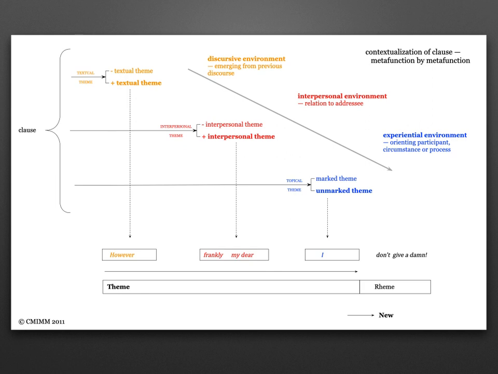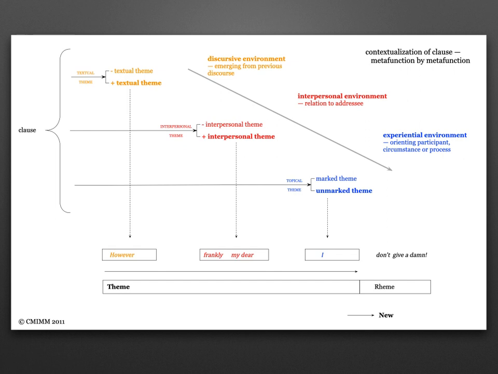Similarly for interpersonal theme, you may or may not have an interpersonal theme, not obligatory, but if you do, that means giving prominence to some aspect of the interpersonal meaning of the clause, setting it up as an orientation to what's to follow. So for example here, frankly, an expression of veracity, the thematic orientation is I'm giving you a message and whatever follows I subscribe to.